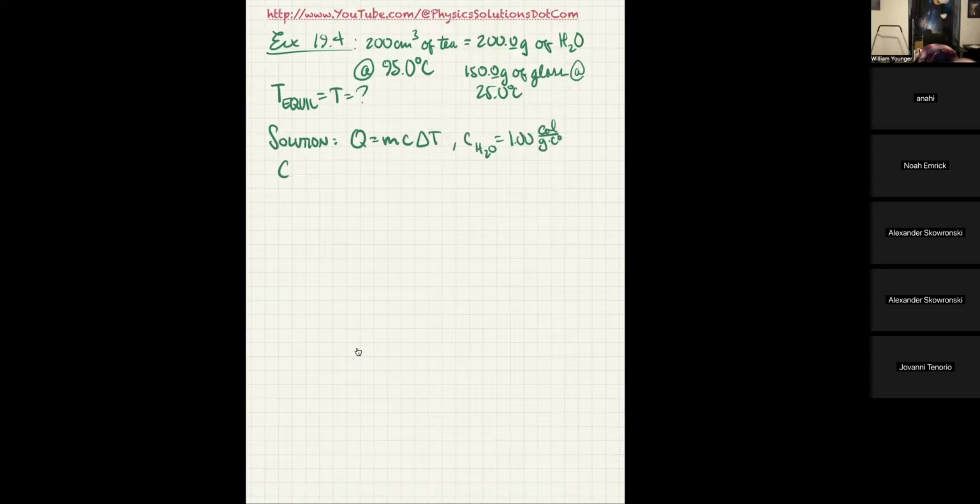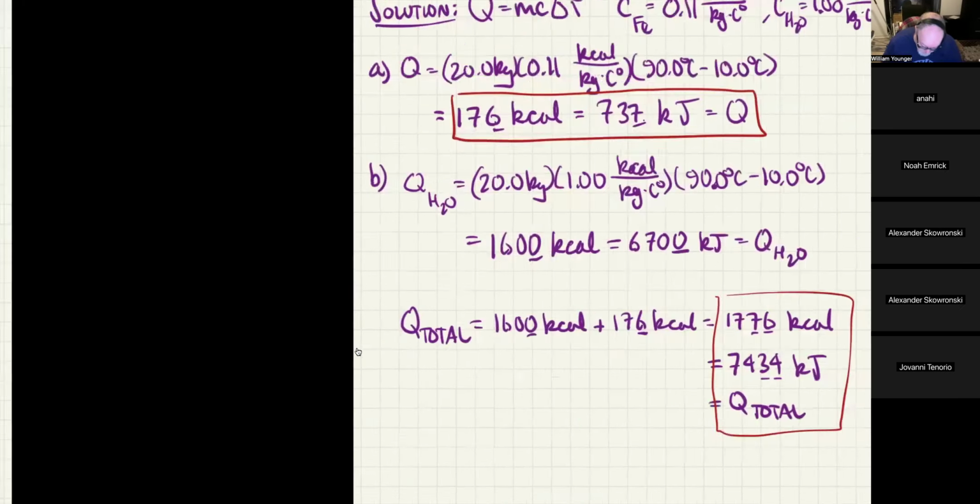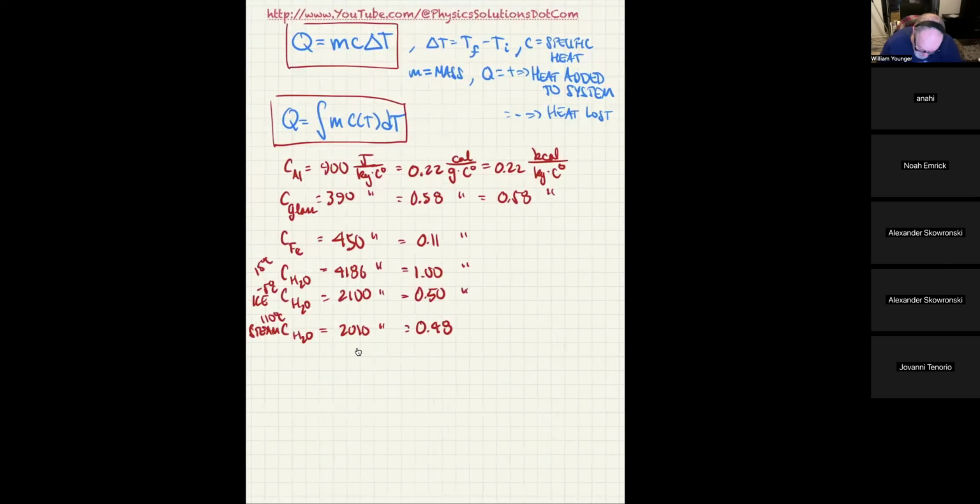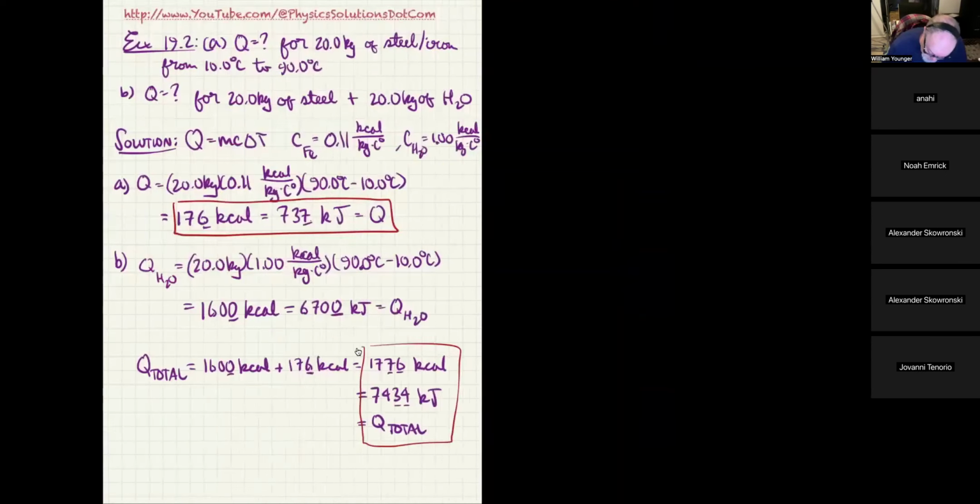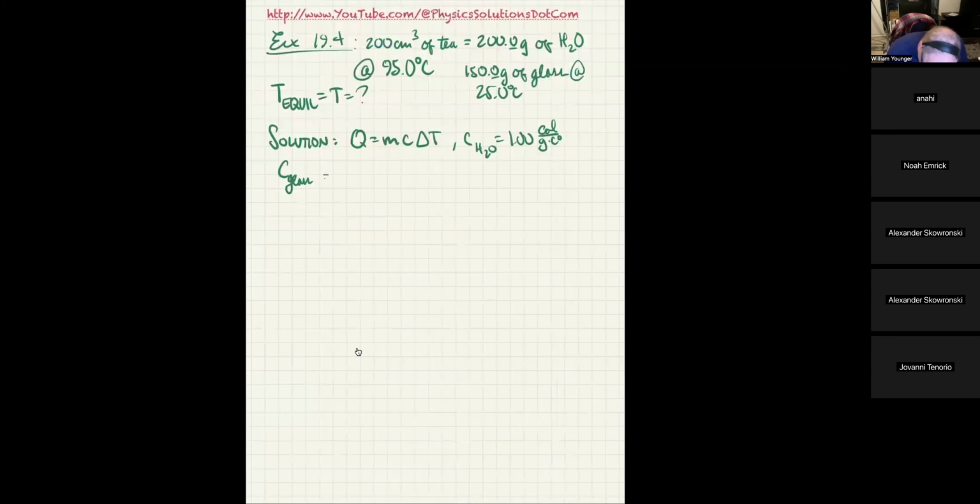And I also need the specific heat of glass, which I wrote down a second ago, but that's not one I commit to memory, so I have to look it up. For glass, we found the specific heat was 0.58 calories per gram Celsius degree.